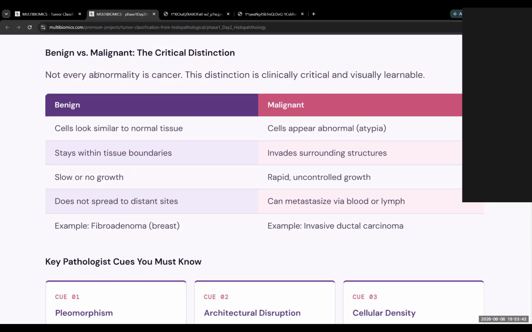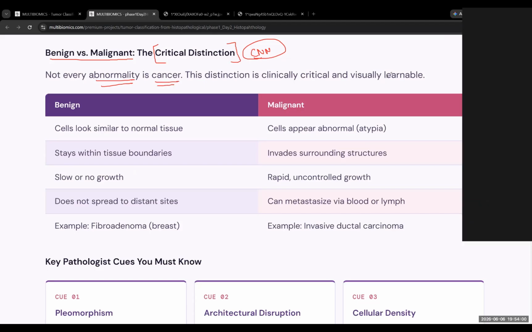So, moving on, benign and malignant. This is the critical decision our CNN model has to make. Not every abnormality is a cancer. It is a visually learnable distinction that you have to learn, not just see an abnormality.